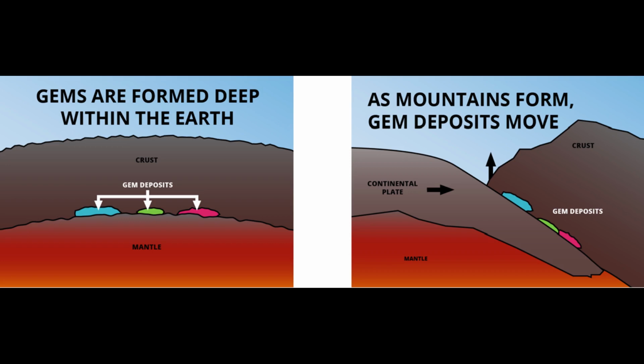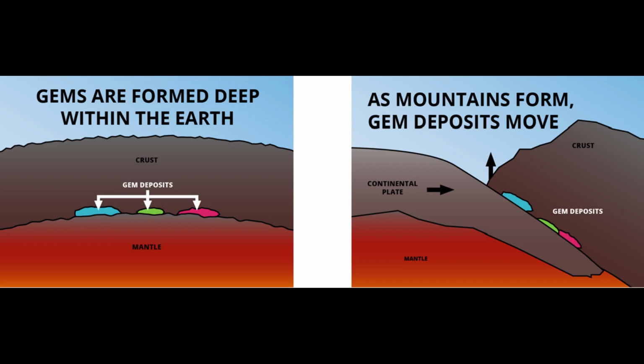Over vast periods of time, the movement of the continental plates causes mountains to rise. Then years of weathering take down the mountain, leaving the gem deposits near the surface. Of course, this process takes many millions of years. So you can see in this picture, it may take many millions of years.